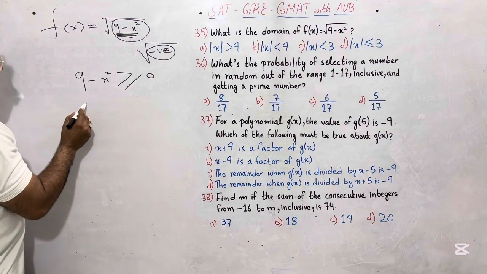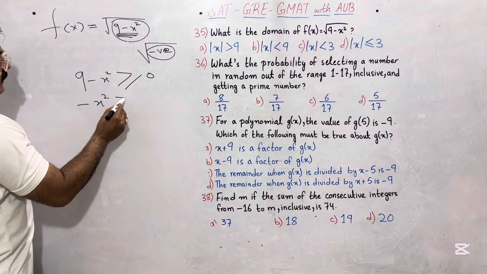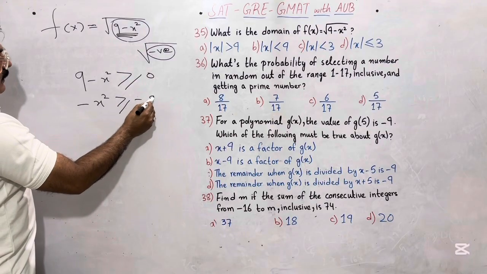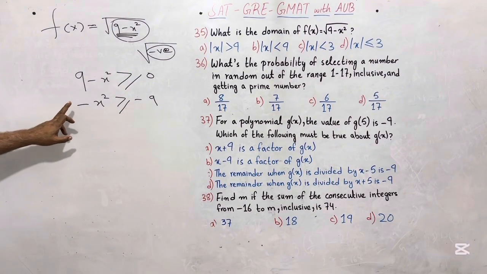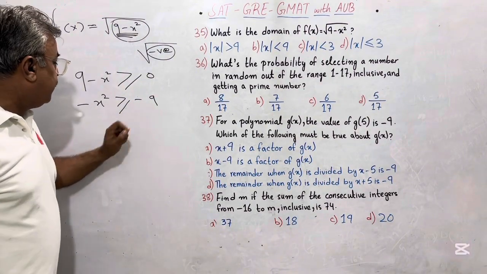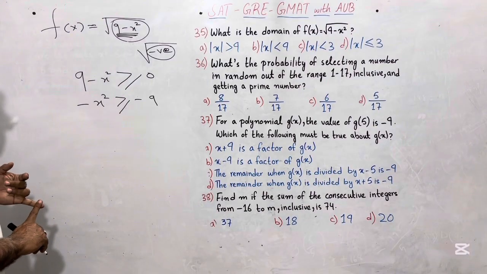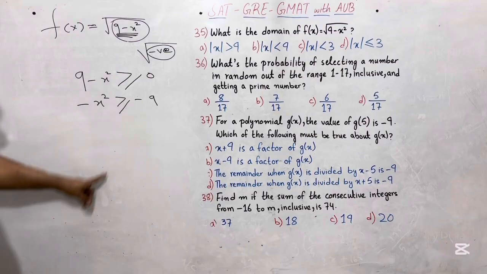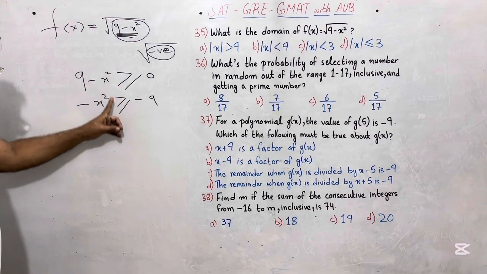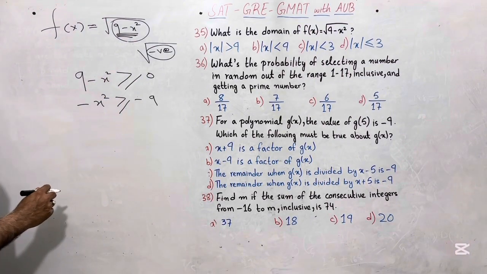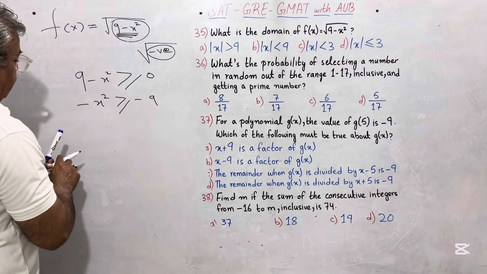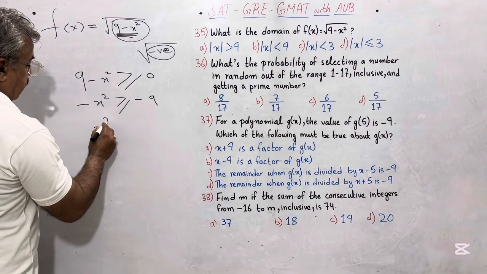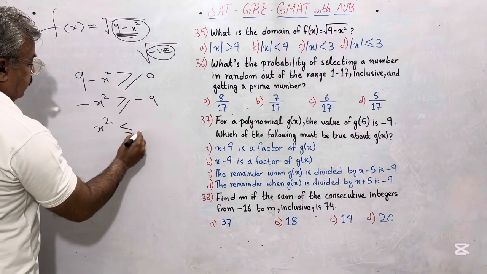Solving for x, we have minus x square is greater than or equal to negative 9. Now look, whenever we multiply or divide by anything negative, the sense of inequality changes. If I multiply by minus 1 here, it will become x square is less than or equal to 9.